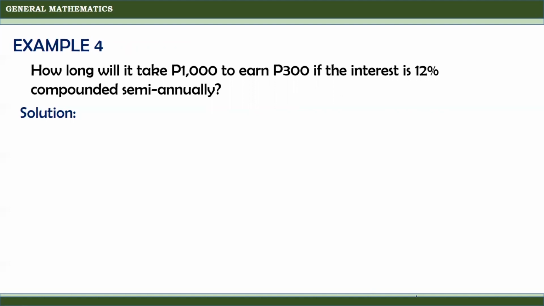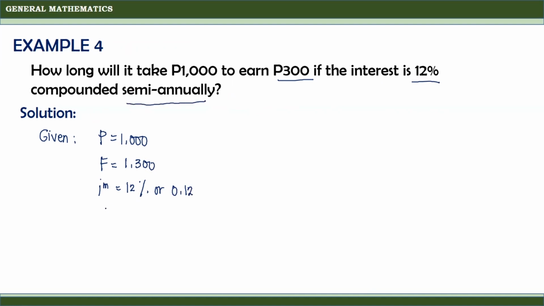From the problem, we can see the following givens. P is equal to 1,000 pesos. Moreover, since 1,000 will earn 300 pesos, the future value F is 1,300. The interest is 12%, meaning IM is equal to 12% or 0.12, and it is compounded semi-annually.